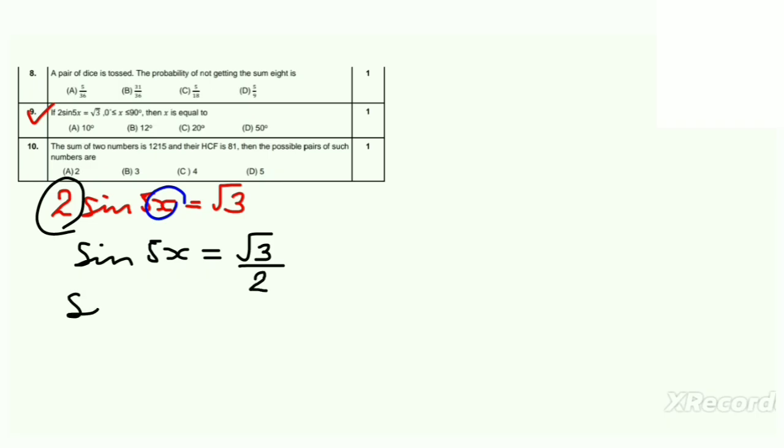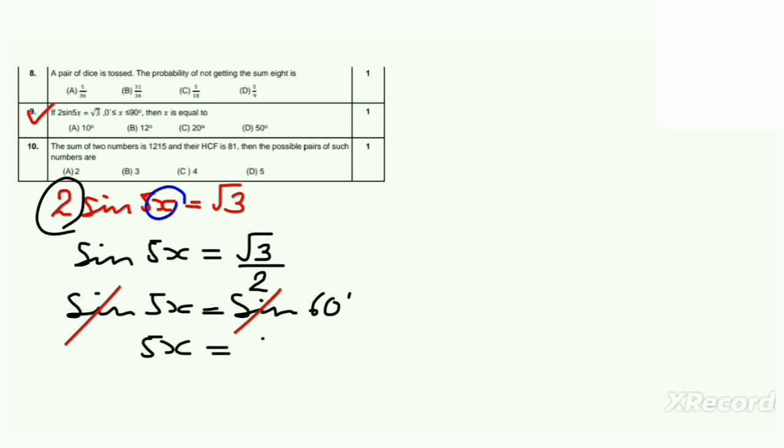Now sine 5x equal to, and as we know, root over 3 by 2 is equal to sine 60 degree. Now this sine and this sine can be cancelled out, and here remains 5x equal to 60.